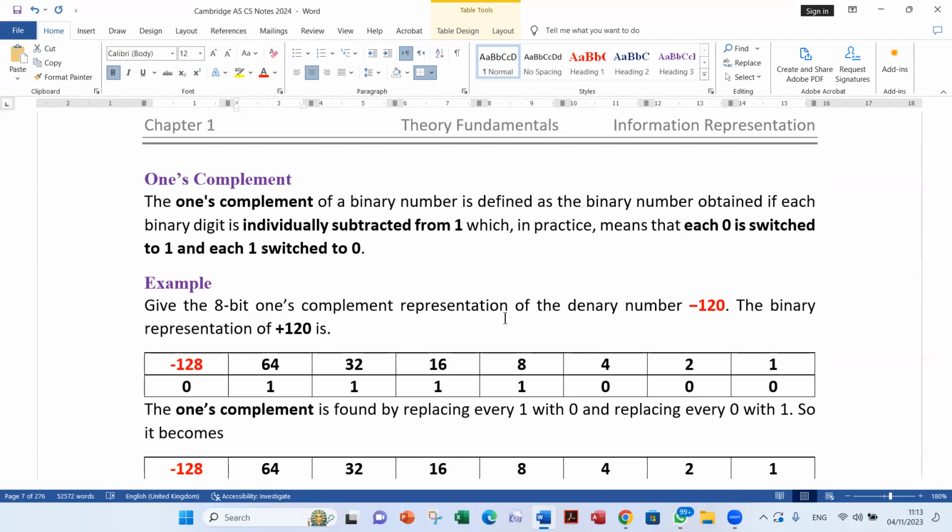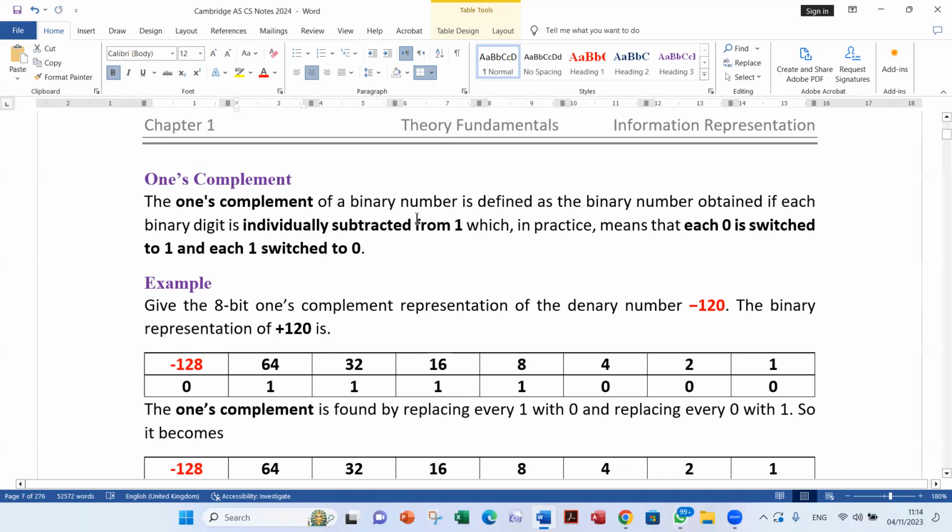You already know from the O level that you have something called 2's complement, and this is what we will be using intensively. However, there is something called 1's complement, and it was on the exam last year. I need to tell it.